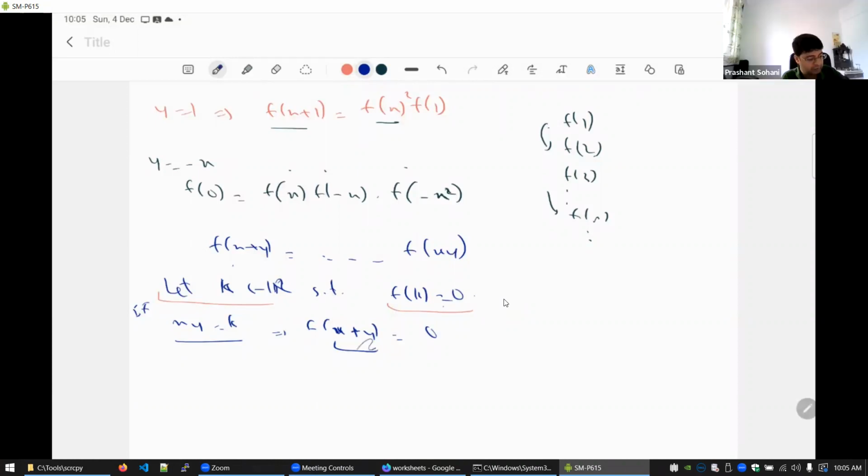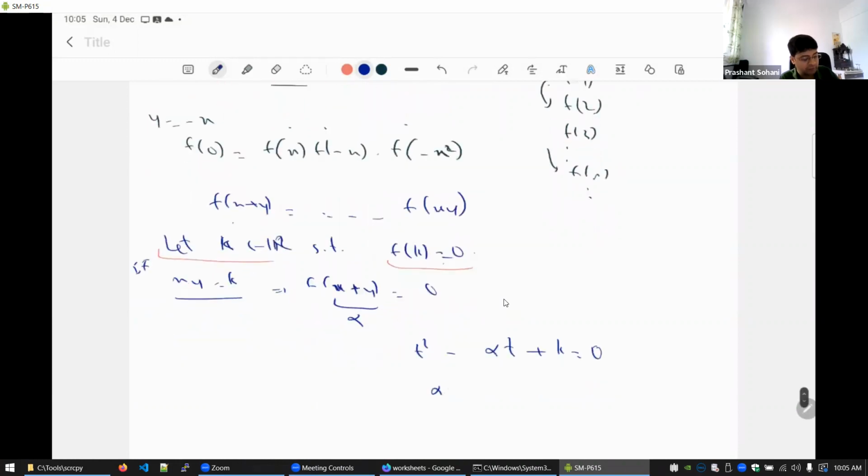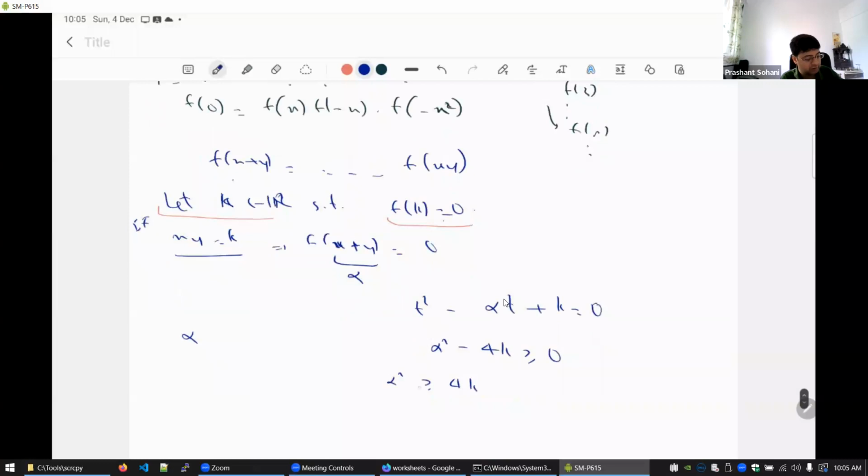Yes, correct. So just to proceed along what Arnav said just now, maybe let's call x plus y alpha and xy equal to k. So the equation you're looking at is t square minus alpha t plus k is equal to 0. This should have real roots. So therefore the discriminant alpha square minus 4k should be non-negative. So therefore alpha square should be greater than or equal to 4k.